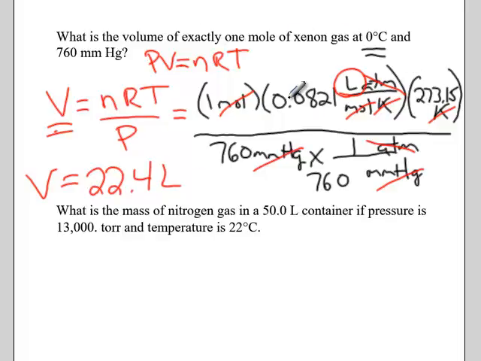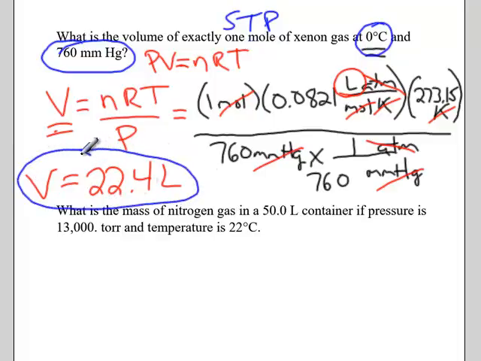And the reason that we go through this problem is this temperature, 0 degrees Celsius, and this pressure of 1 atmosphere is called standard temperature and pressure, STP. So 22.4 liters is the volume of 1 mole of an ideal gas.